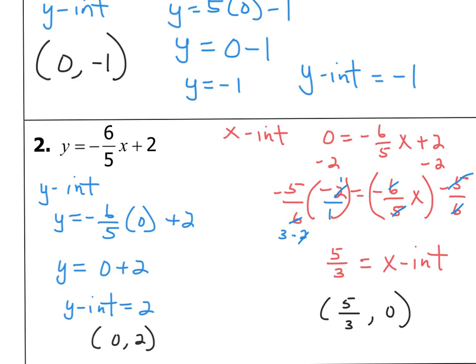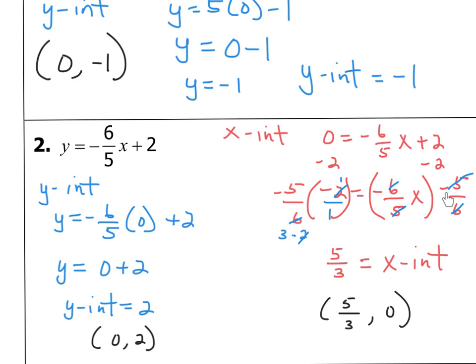So for problem number 2, here's the work. Again, we have the x-intercept is solved by setting y equal to 0, and we solve. Now notice down here we needed to isolate x. It had -6/5 times x, and so in order to get rid of the negative 6/5, we multiplied by its reciprocal, negative 5/6, because that allows us to divide the 5's out and divide the 6's out.